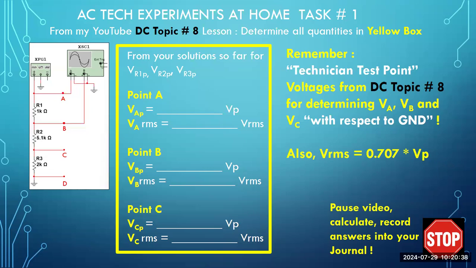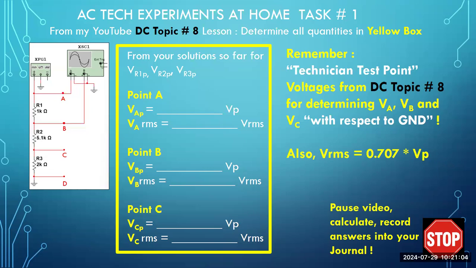It allows you to very quickly test various points on a schematic or on a circuit on the board and determine whether your circuit's working properly or not. So you need to be able to determine what these values are before you go sticking your probe into the circuit board and start measuring things. You've got to have some idea what these values are going to be first and foremost.